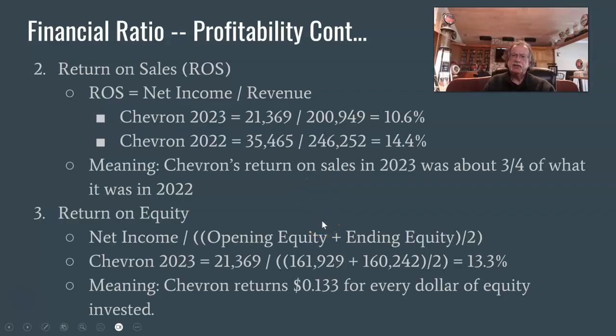Return on sales, net income over revenue. Return on equity, net income over average equity. Okay, so net income is off of the income statement. Equity is off of the balance sheet, so it's the average of the beginning of 2023 plus the end of 2023 divided by 2.